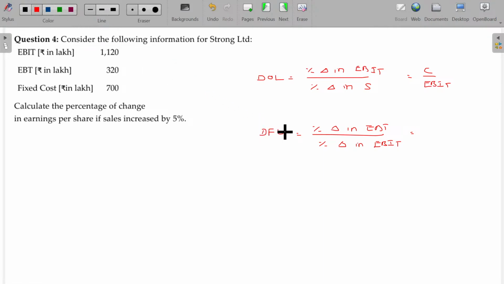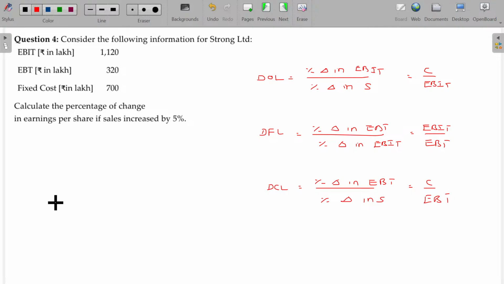Then the formula be EBIT by EBT. Degree of combined leverage being percentage change in EBT divided by percentage change in sales. Otherwise, the ultimate formula be contribution by EBT. You have to memorize this formula.